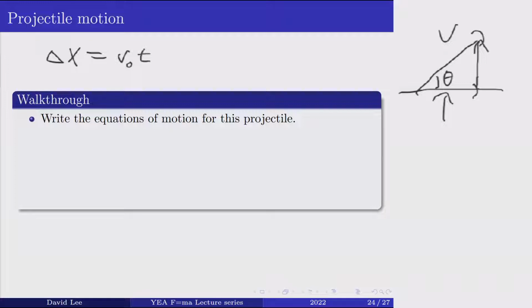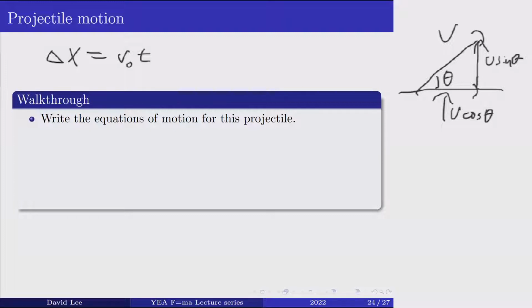If we take the velocity and split it into components, we'll have v cosine theta here. Similarly, the vertical component will just be v sine theta.